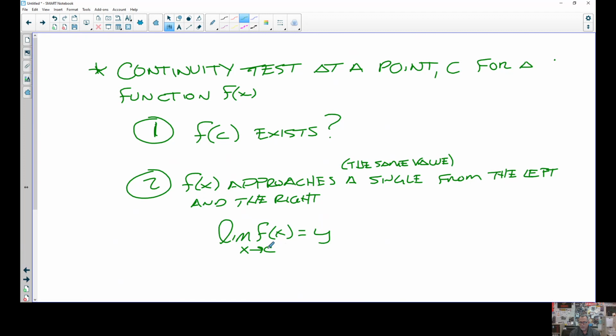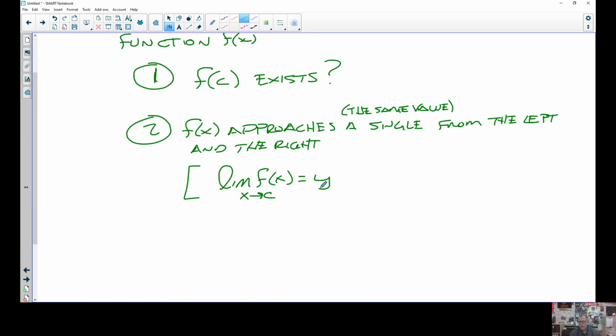So the limit as x approaches some c value of f of x will be this y value. It'll approach the same value from left and right. If it passes this, we go on. I'm going to get into this more. I want you to know this is what we're going to expect to see. You don't have to write the words, but I want to see this notation. This is important notation you're going to carry forward into calculus, so I want you to get familiar with it right now.